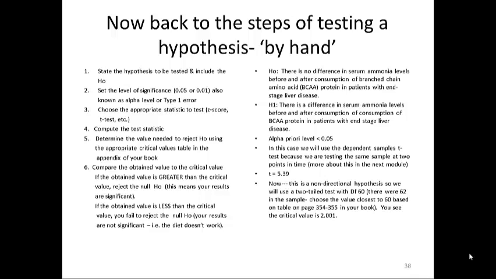Now this is a non-directional hypothesis, so we will use a 2-tailed test with degrees of freedom of 60. There were 62 people in the sample, but we're going to choose that value that's closest to 60 based on that table on page 354, 355 in your book. And if you look there, you'll see the critical value is 2.001.